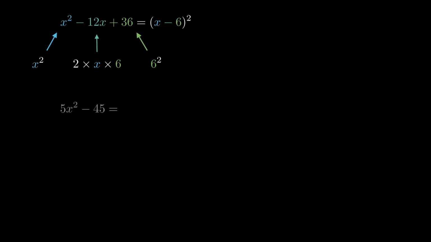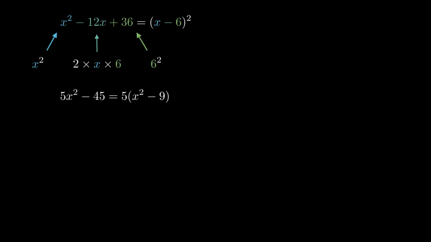Next one: 5x squared minus 45. I haven't made a big deal of this yet, but when factorizing, it's pretty important you look out for common factors first. It just makes your life easier if you can spot them. In this case, 5 goes into both of those, so you should definitely take that out first. To get to 5x squared, we just need the x squared. Then to get to negative 45, we need a negative 9.